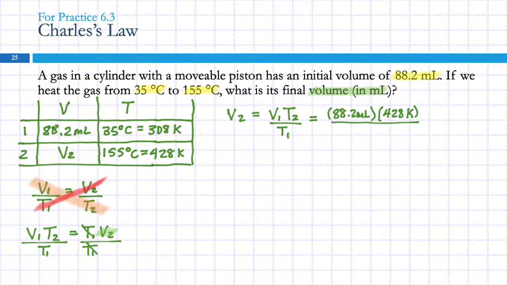That's going to be divided by T1, which is 308 Kelvin. If we look at the units, we have Kelvin in the numerator and the denominator. They cancel out. So we get 88.2 times 428 divided by 308.